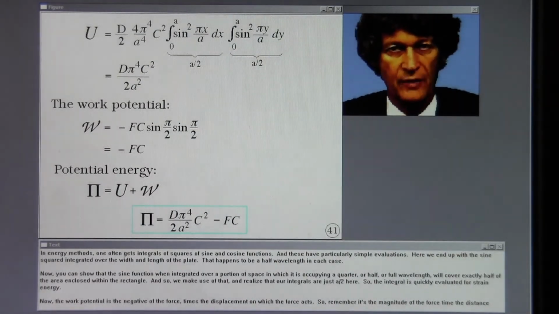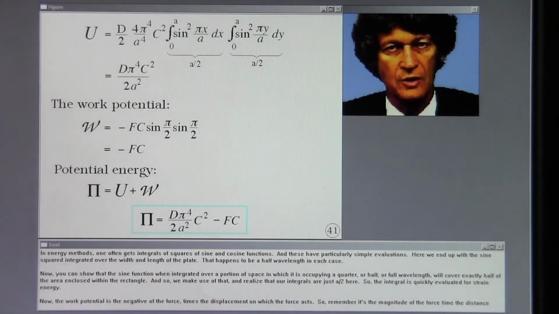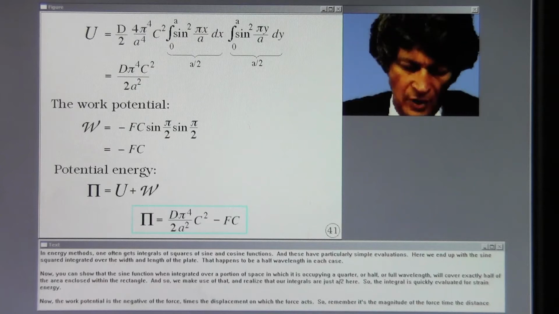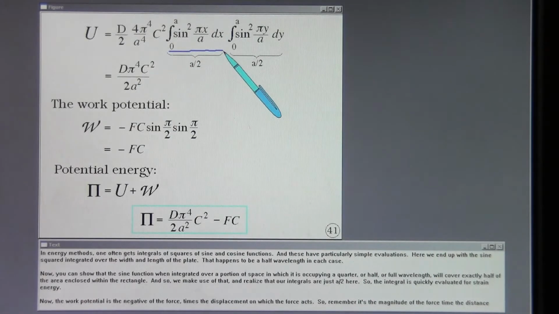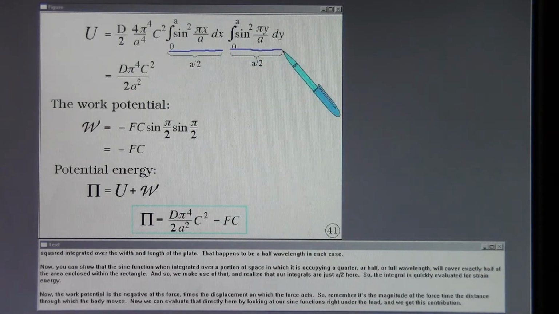In energy methods, one often gets integrals of squares of sine and cosine functions, and these have particularly simple evaluations. Here we end up with the sine squared integrated over the width and length of the plate. That happens to be a half wavelength in each case.